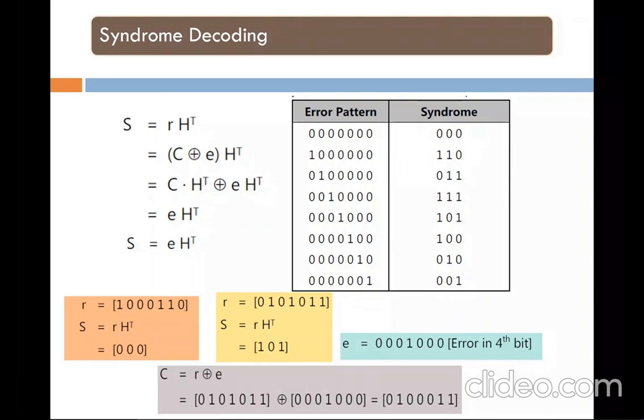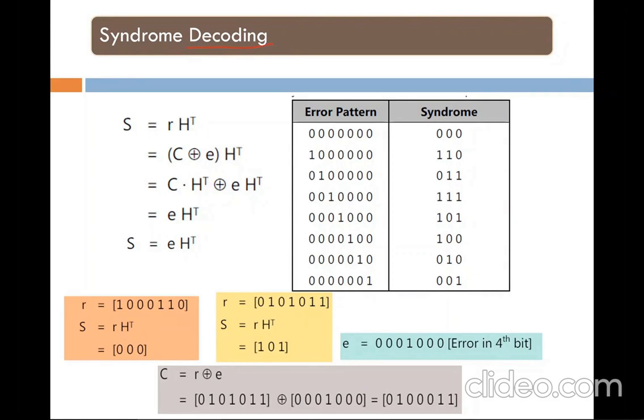But if there are errors, we need to find out in which particular bit the error is. After we find the error location, we can take the complement of the bit, or flip the bit, and get the corrected code word. That's the meaning of decoding, right?